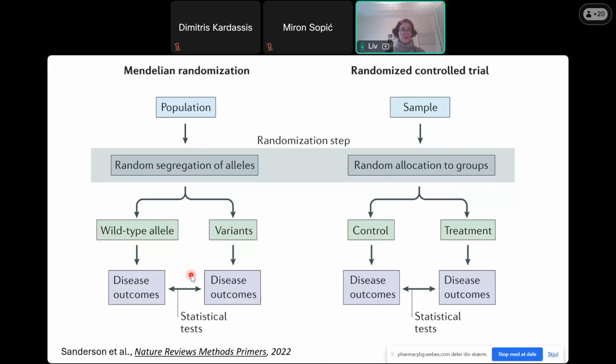Because you have an equal distribution of confounders, you will be able to compare the number of disease outcomes in these 2 groups. When you have a randomized controlled trial, again, you have a random allocation into 2 groups, a control group and a treatment group. And because you have an equal distribution of confounders, you can compare the disease outcomes in these 2 groups.